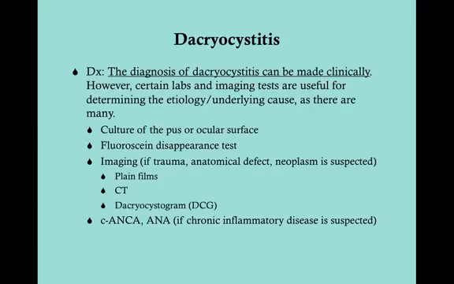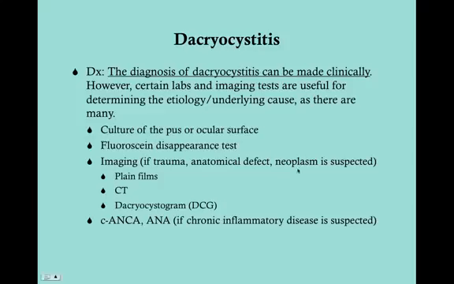And so the various things that you can get here are plain films, which would be particularly recommended in cases of trauma where you may have a bony problem. CT can be done, and then a dacryocystogram can be done. And that really helps you look at the ductal system and look to see if there's any anatomic defects.